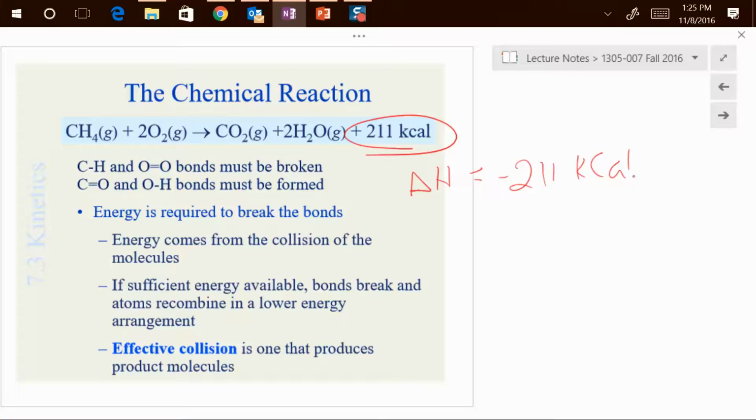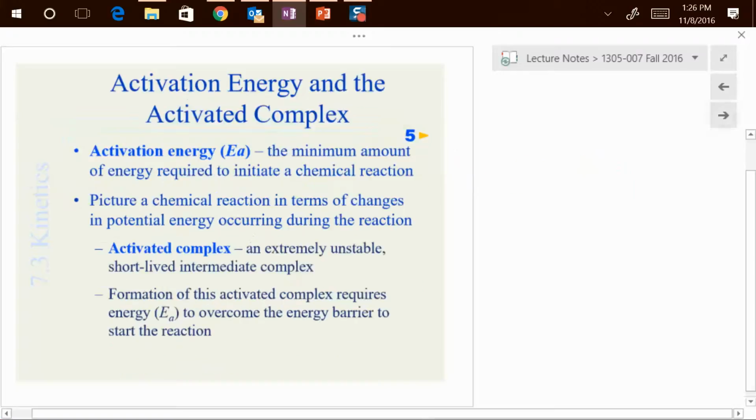It has all the correct parameters for that reaction to take place. But if something's off kilter or out of whack, it's not going to happen. It's just going to bounce off and go on its way. Okay? So to increase the rate, we want more collisions, and we want them to be effective collisions. The more effective collisions we have, the faster the reaction will take place.